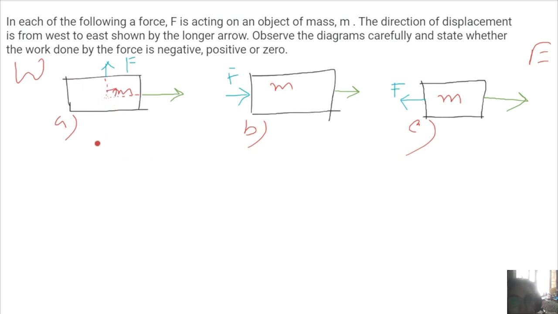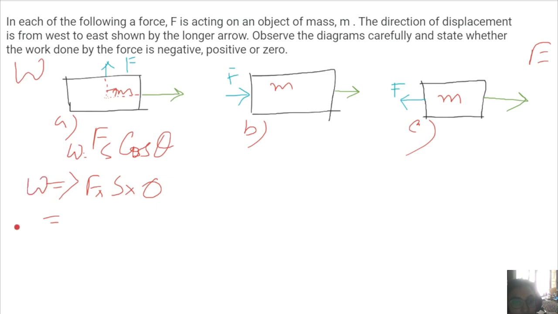Now the formula of work was Fs cos theta, right? So now what will it be? It will be F into S into cos 90, which is 0. So here the work done will be 0.